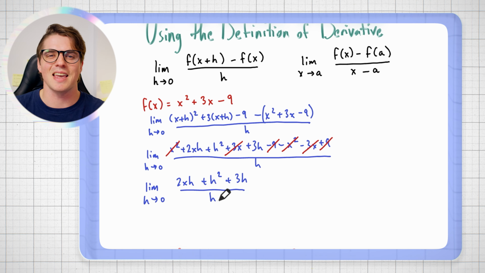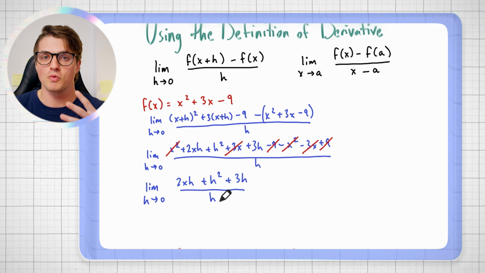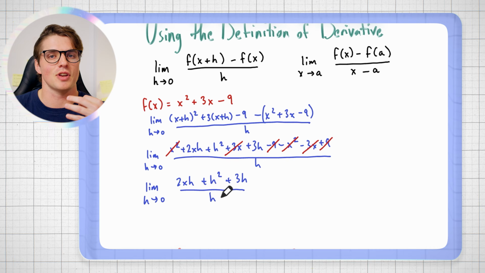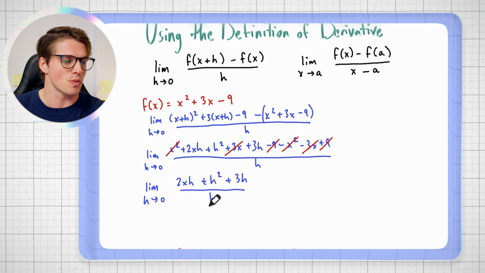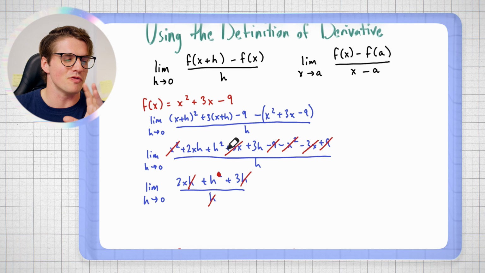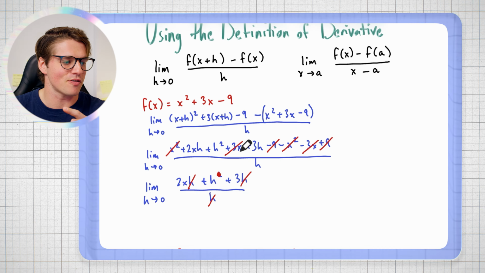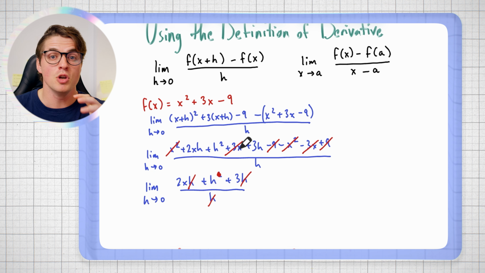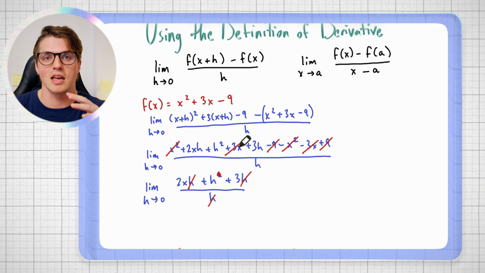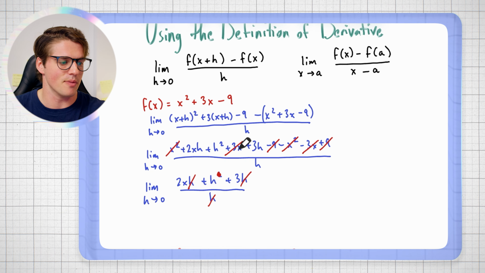You'll find that this h cancellation step is really important because we need to get h out of the denominator, so we need to be able to cancel it with every term in the numerator. If you've still got a 3x left up here, like if you didn't cancel it in the last step, make sure to check your work and get rid of that.